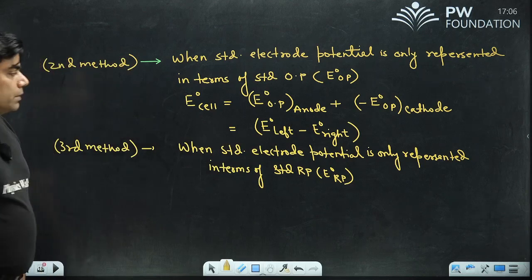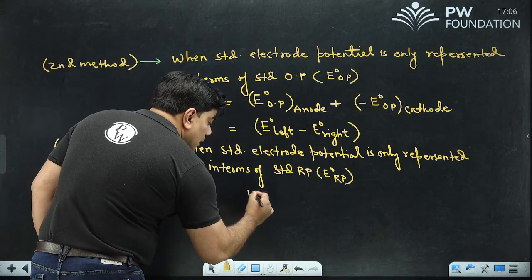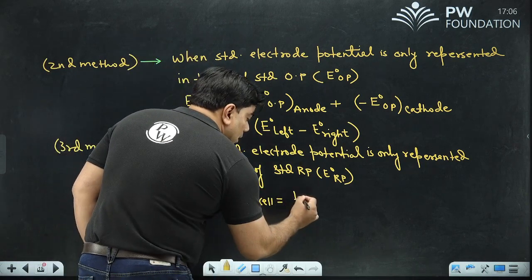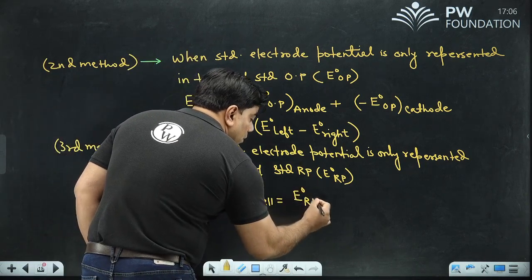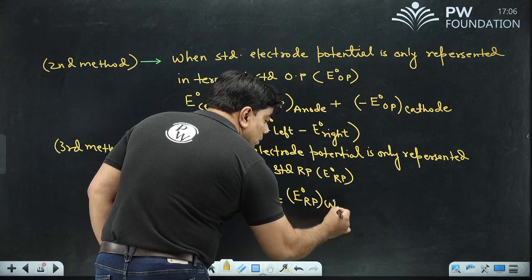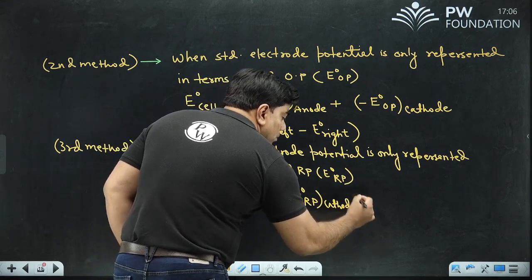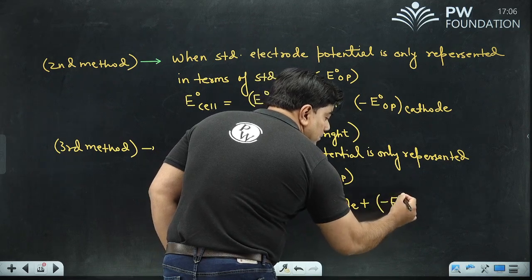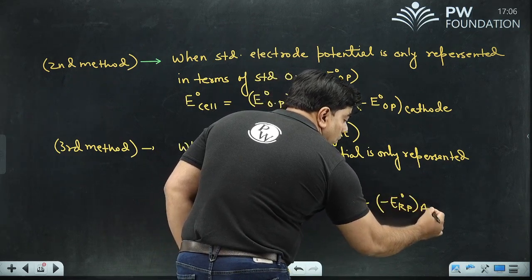Then in that case, we can write like that: a standard EMF of cell is equal to a standard reduction potential of cathode plus minus standard reduction potential of anode.